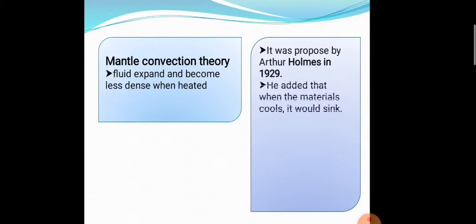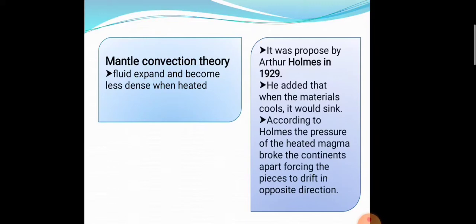First, mantle convection theory. So this theory states that fluid expands and becomes less dense when heated. It was proposed by Arthur Holmes in 1929. And he added that when the material cools, it would sink. According to Holmes, the pressure of the heated magma broke the continents apart, forcing the pieces to drift in opposite directions.